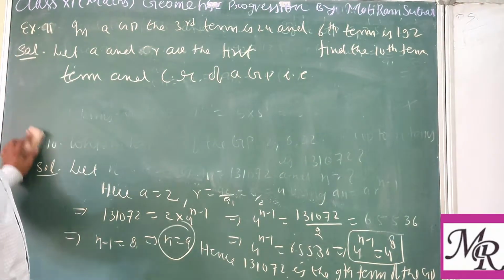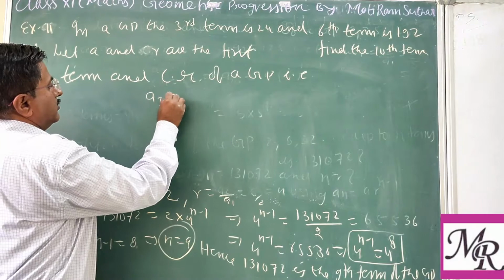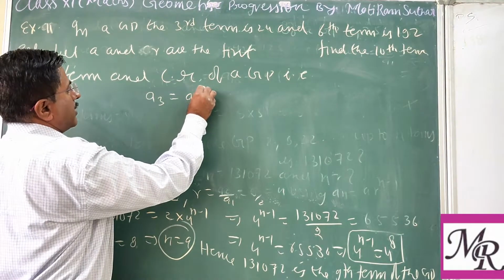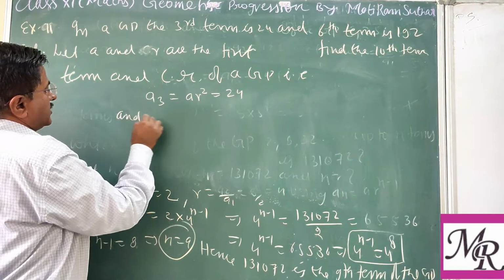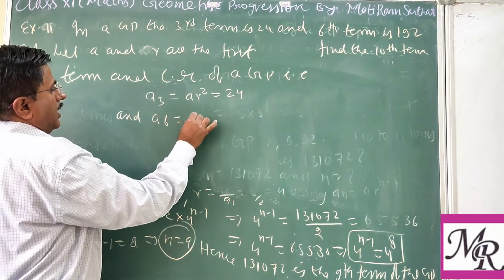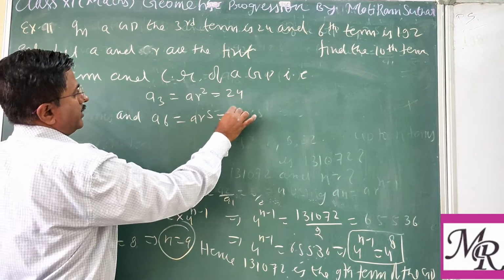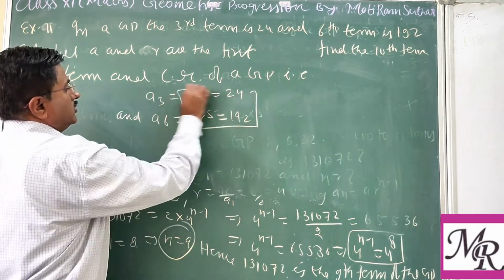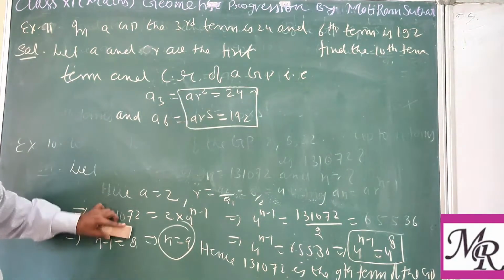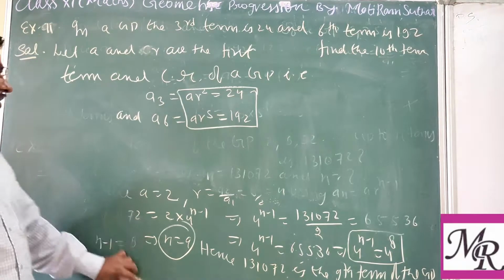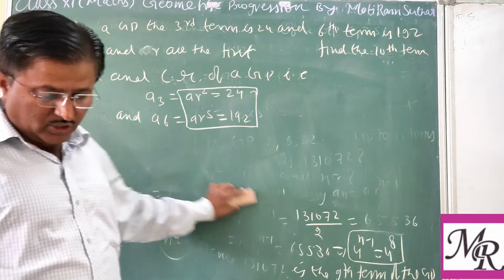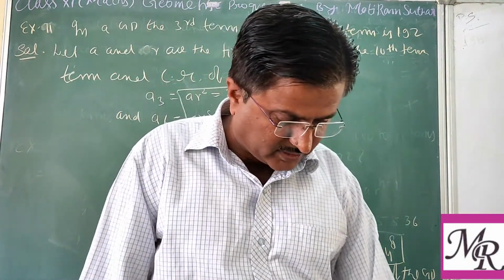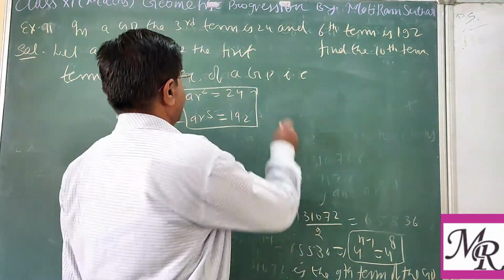Now we are given the third term is A3, the formula is AR power 2, that is 24, and the sixth term AR power 5, that is 192. So these two equations we solve. With the help of these two equations one can find the value of R. For this type of equation we have to divide.